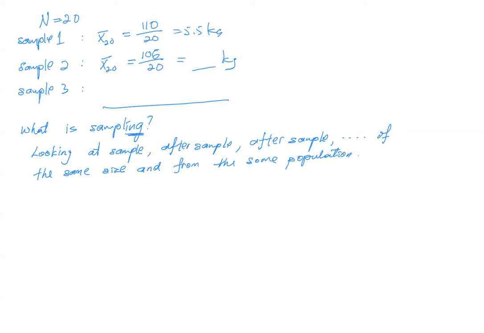So in this case, when we get the sample, what are we supposed to count? We are supposed to count the mean weight. So the variable is the sample mean. Each sample that we get, we have an infinite number of samples.